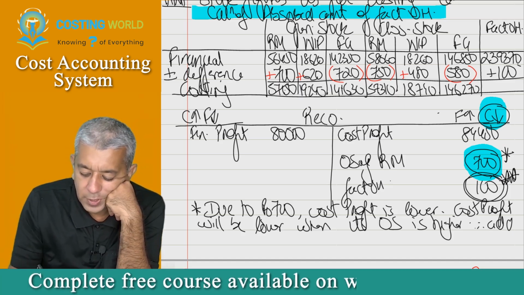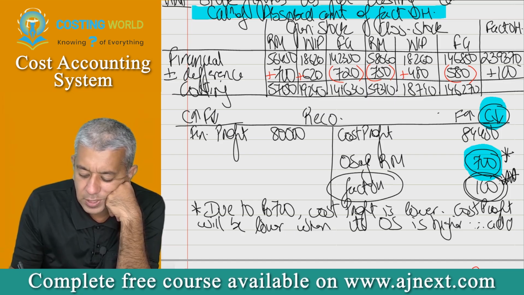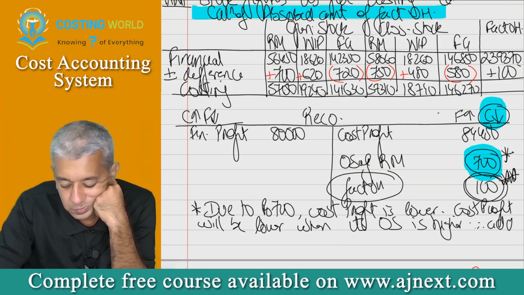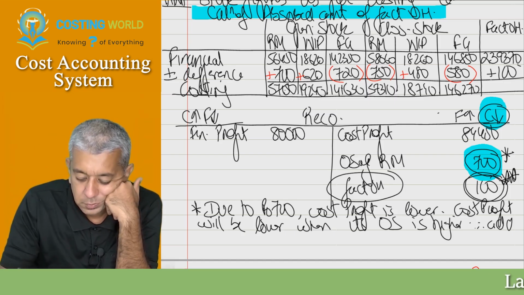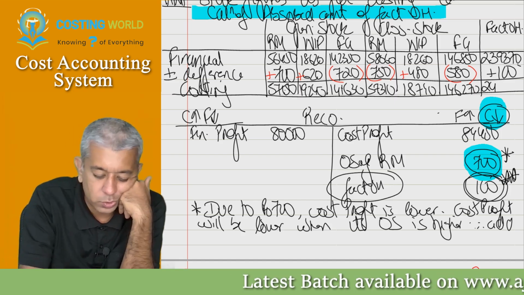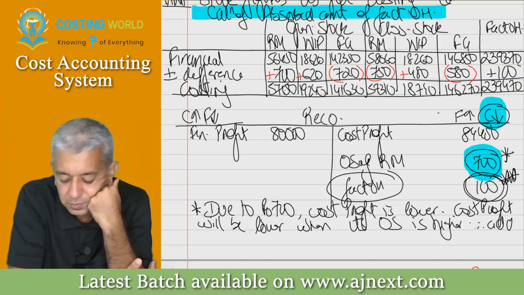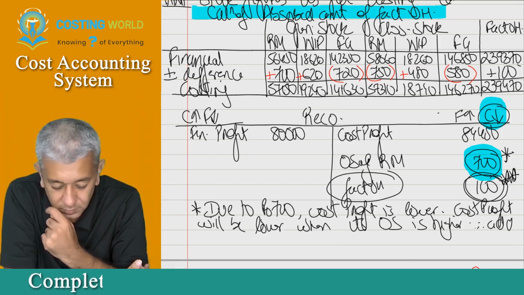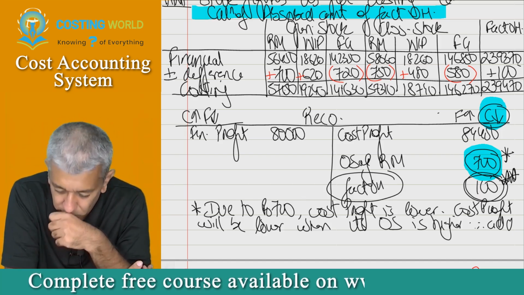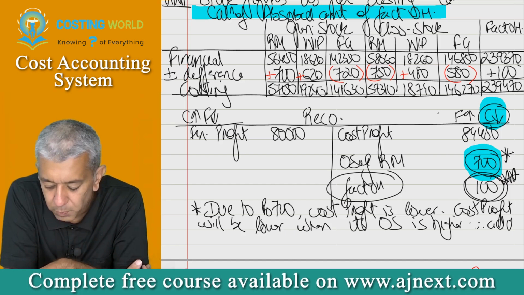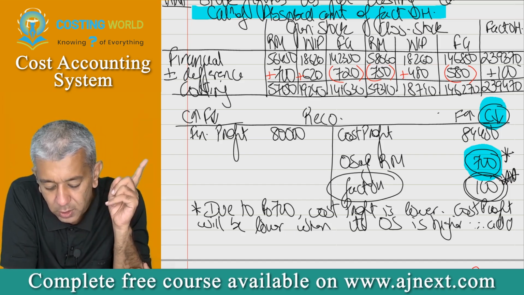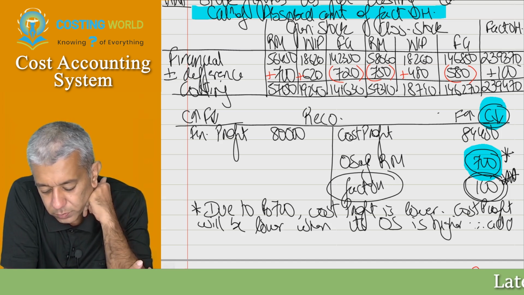You will do one thing, write this down also. Factory overheads 100, put a double asterisk. And write down this figure also, 239,470. Put a double asterisk in your notebook on the terrace also.